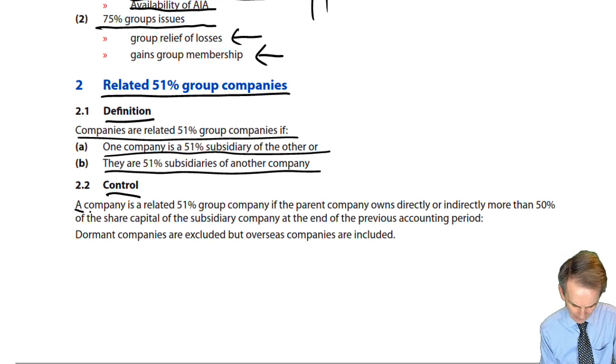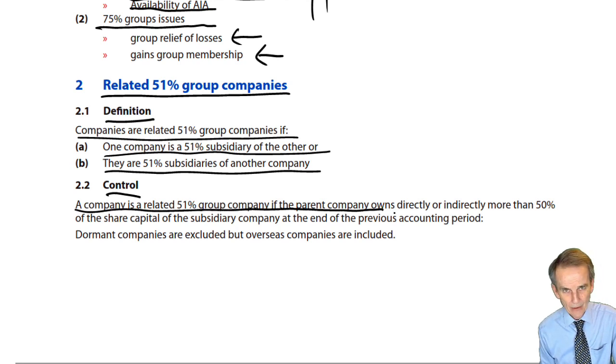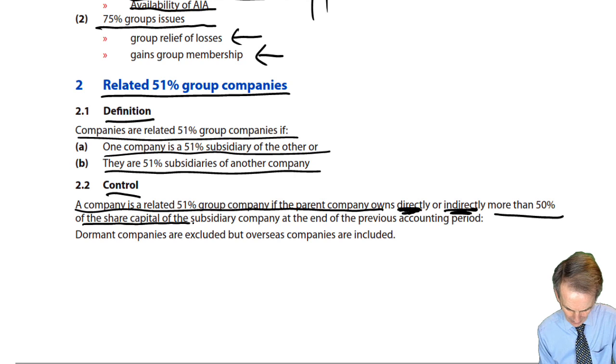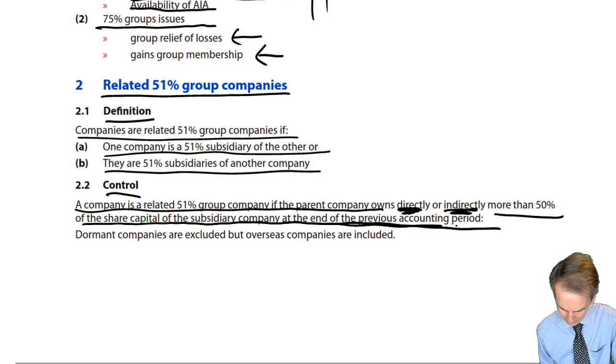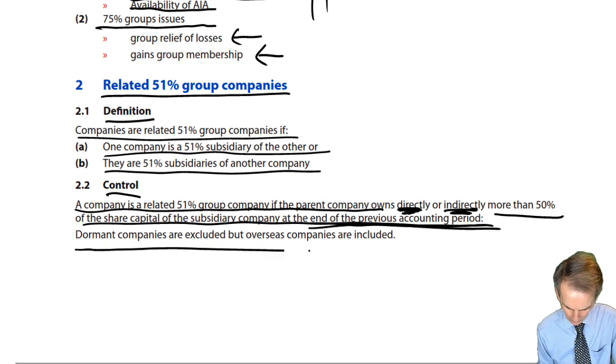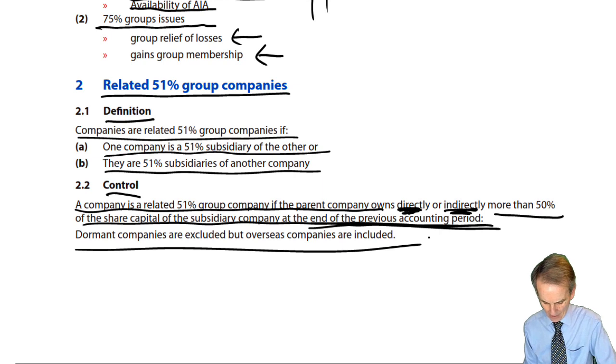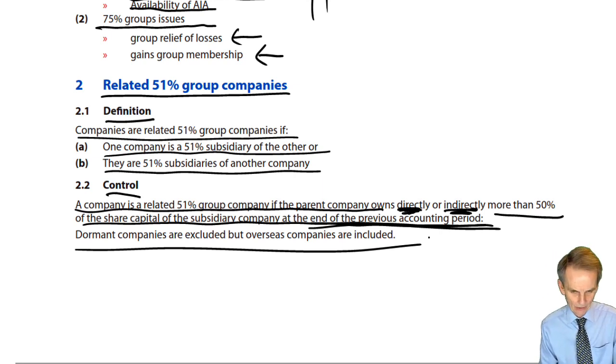Control. A company is a related 51% group company if the parent company owns directly or indirectly more than 50% of the share capital of the subsidiary company at the end of the previous accounting period. Dormant companies are excluded, but overseas companies are included.